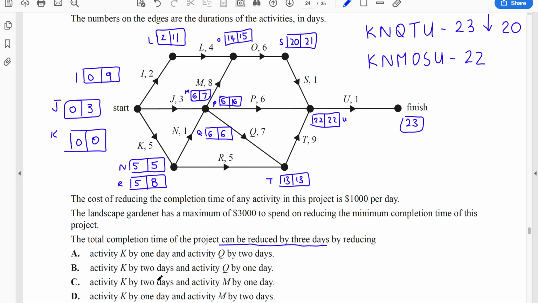Now, the unfortunate thing is that a couple of them might do. If you have a look at A, if we take off 1 from K, so I'll just put a dot under K, 1 off K and 2 off Q, that will bring this down.